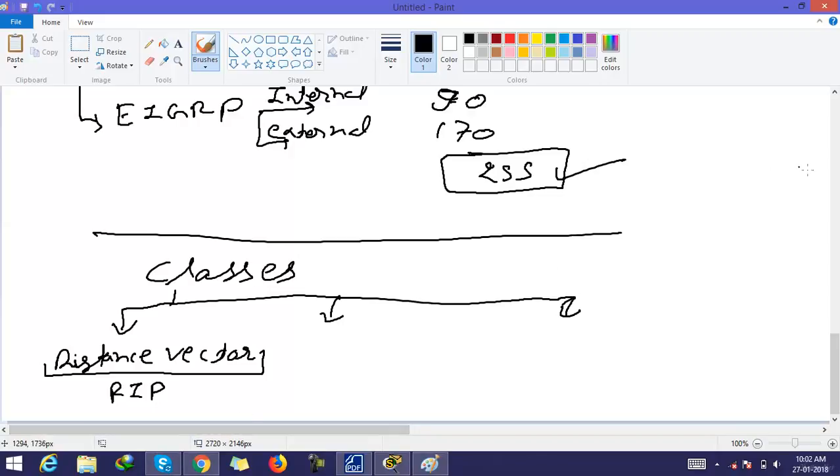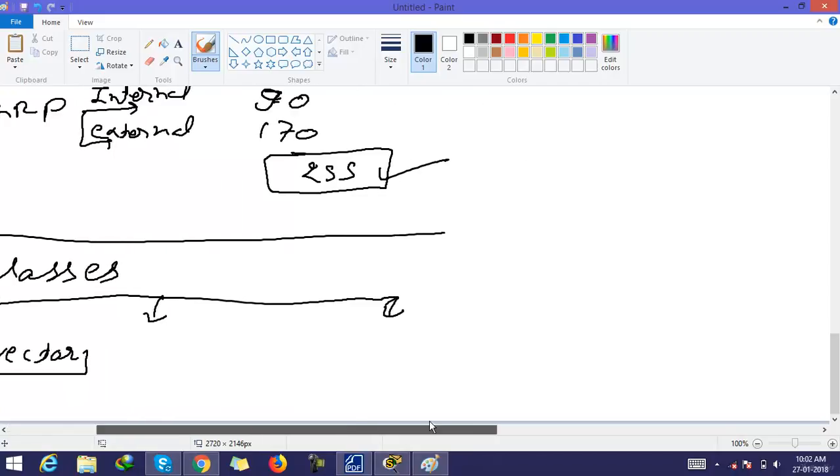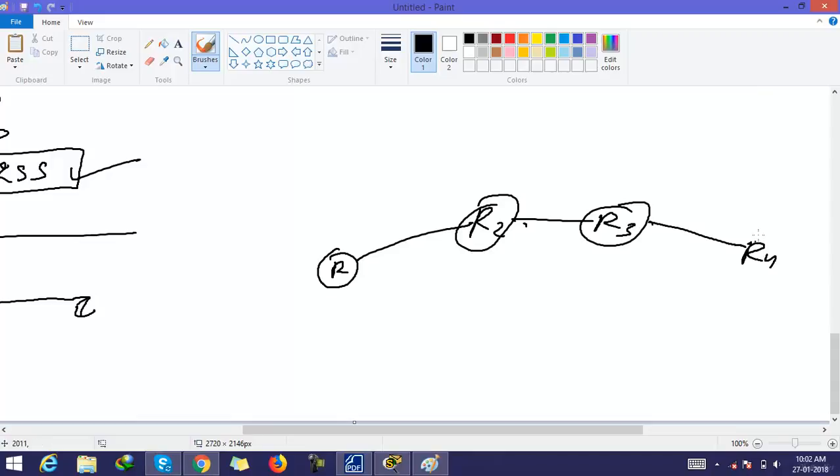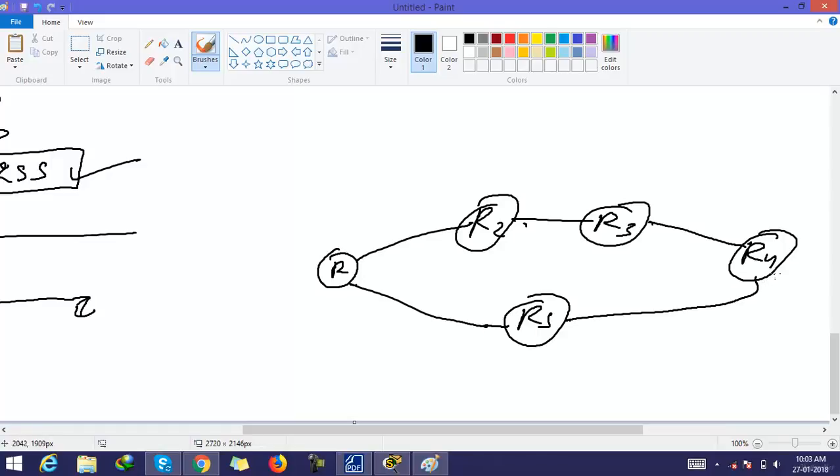For example, this is router 1, this is router 2, this is router 3, this is router 4, router 5. Here our router 4 has a network. For this network, this router has two paths. The first one is this and the second one is this.